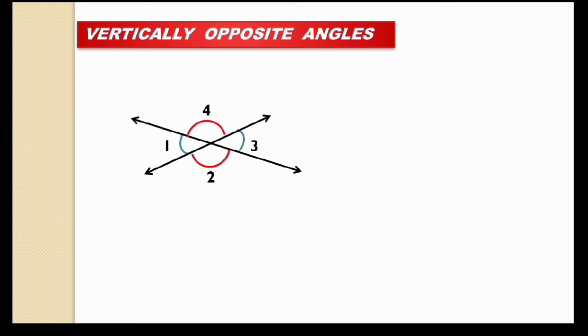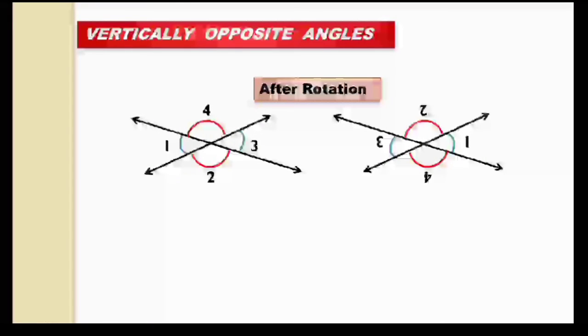Let's see what are vertically opposite angles. Students, if two lines intersect each other at one point, in that case, four angles are formed: angle 1, angle 2, angle 3 and angle 4. After rotation, what will we get? You can see here, after rotation, we will get angle 3 in place of angle 1, and angle 4 in place of angle 2.